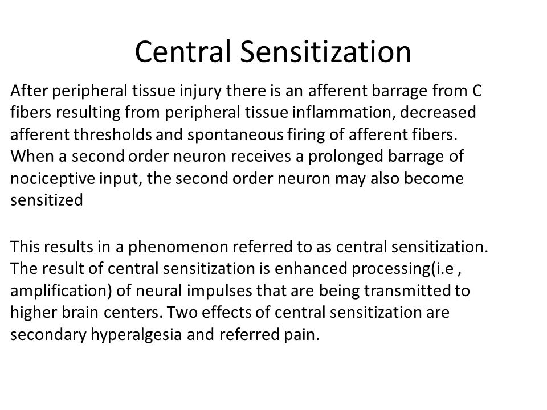The second order neuron becomes sensitized. This is referred to as central sensitization. The result of central sensitization is enhanced processing, the amplification of this signal. The neural impulse will be transmitted to the brain. Then in the brain we will have secondary hyperalgesia and referred pain. These two effects.